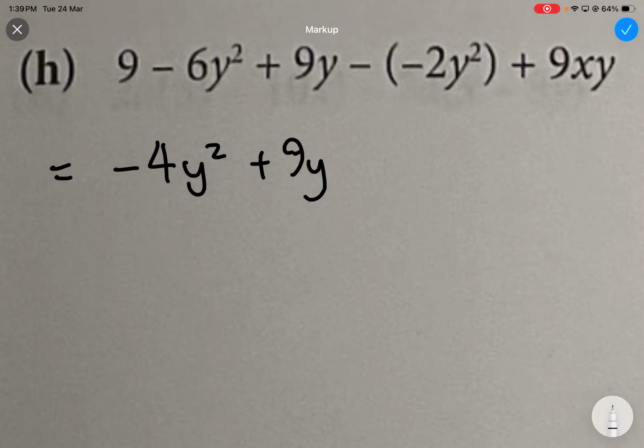Find the sum of the following. So they want you to add 20x plus 5x squared and x squared minus 7x. So they just want you to plus only 20x plus 5x squared plus x squared minus 7x. I'm adding these two things together. Okay?